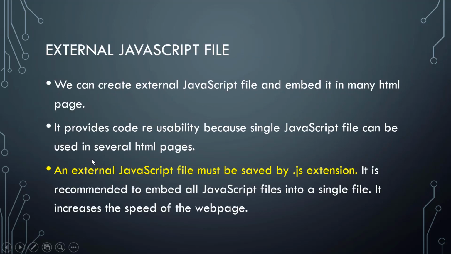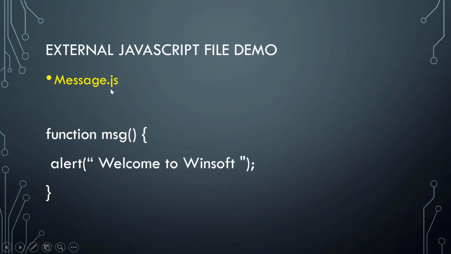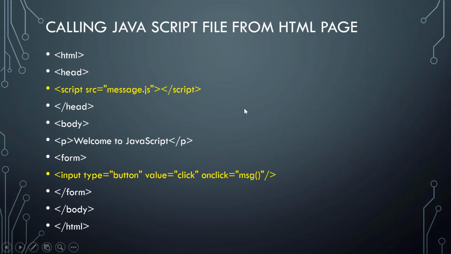Here you can see external JavaScript. This is what we have done, guys. In message.js, I wrote a function called MSG with an alert, welcome to Winsoft, and then how to call it. So we need to create an HTML file in which we write a script tag with src equal to message.js, so we are calling it, and after that we write a form tag.